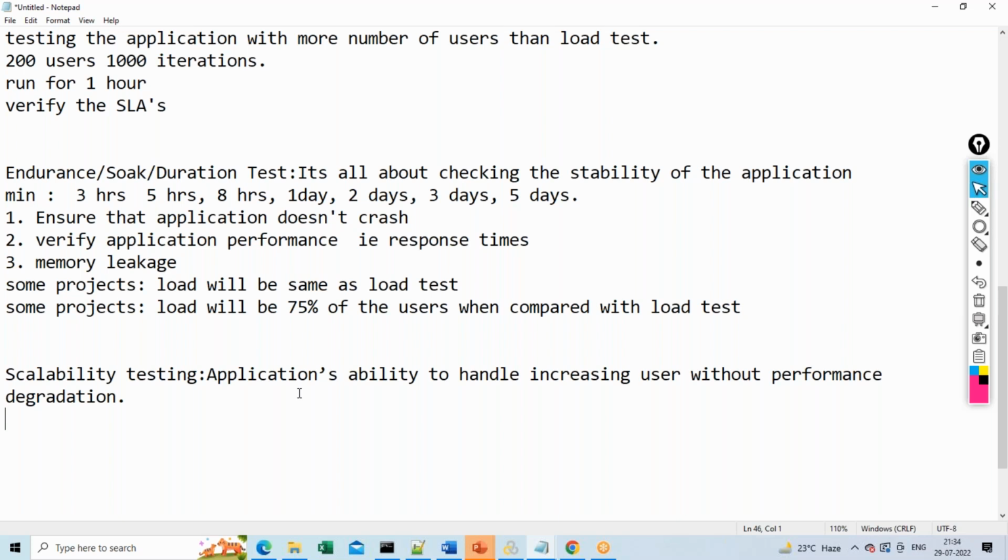Now what the client told me is, hey, for all the applications you are testing, we could see that the number of users increased drastically. Because the banks were closed, the number of users accessing the online bank application increased.